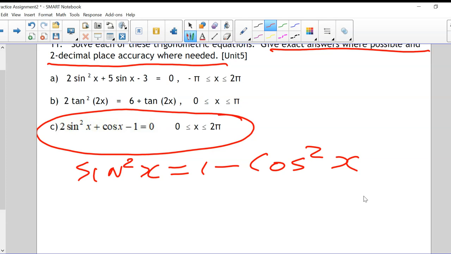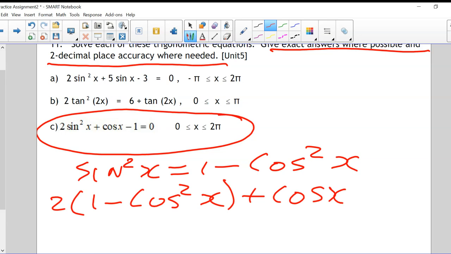So for that 2 sine squared x, I'm going to say 2 times 1 minus cos squared x plus cos x minus 1 equals 0. So I took the sine squared out and put 1 minus cos squared x in its place because they're identities. They're the same thing.